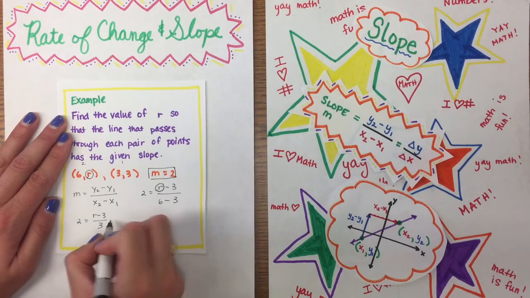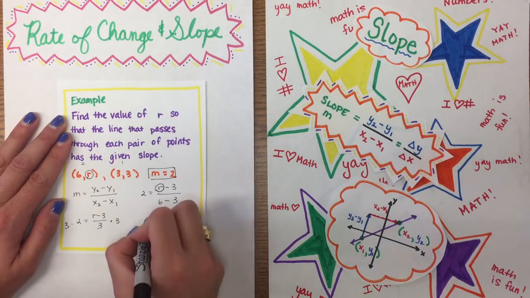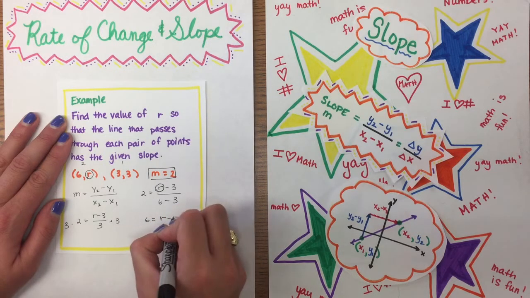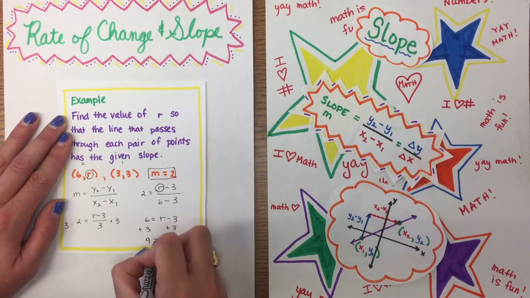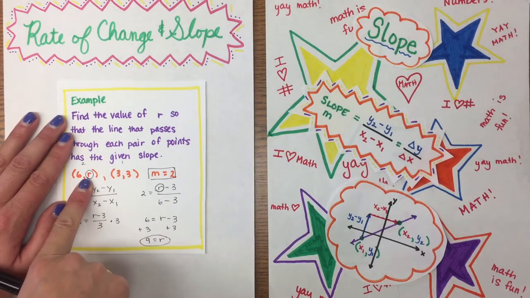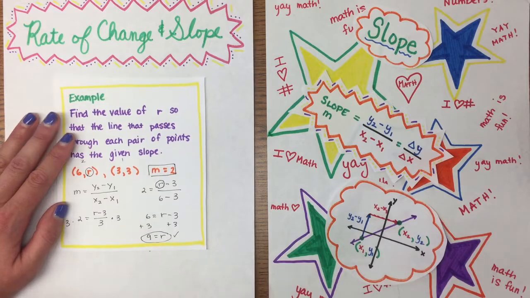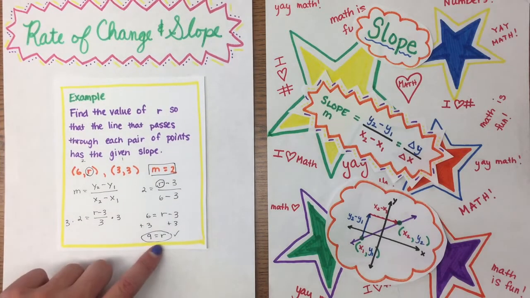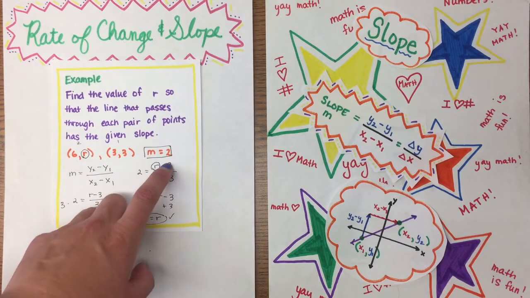To get this 3 out of the denominator, I'm going to multiply both sides by 3, giving me 6 is equal to r minus 3. I will add 3 to each side, 9 is equal to r. And if you check this with 9 in here, you'll get that it actually does work. So that is the value of r, so that a line passing through these points has a slope of 2.